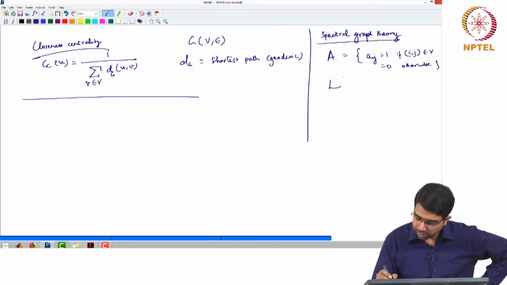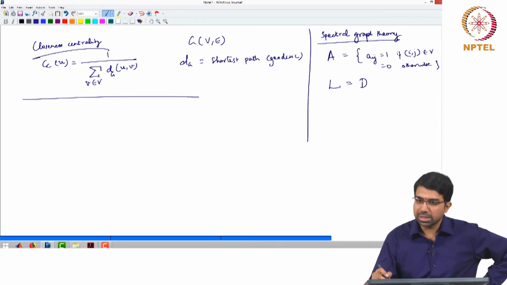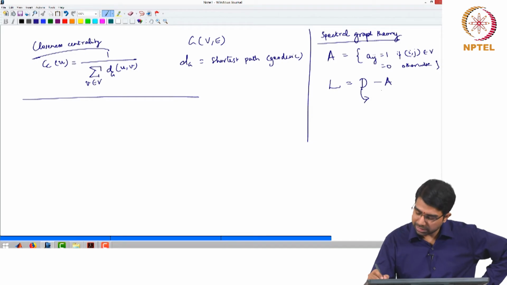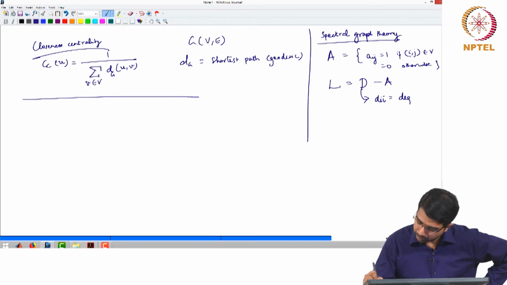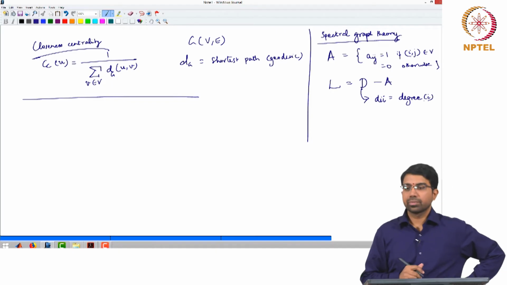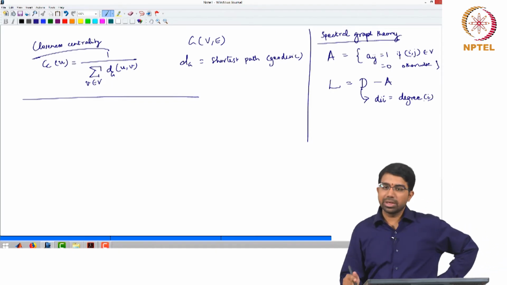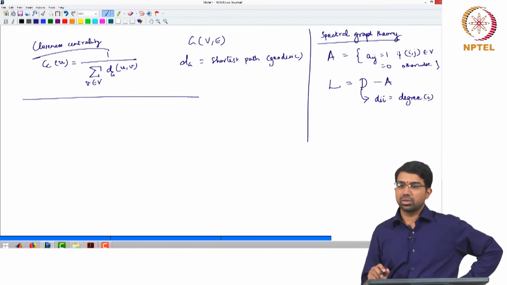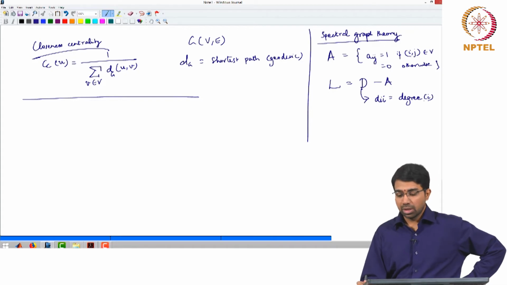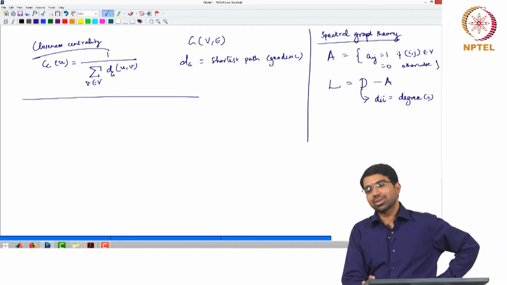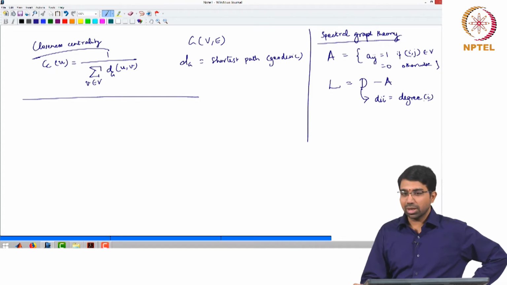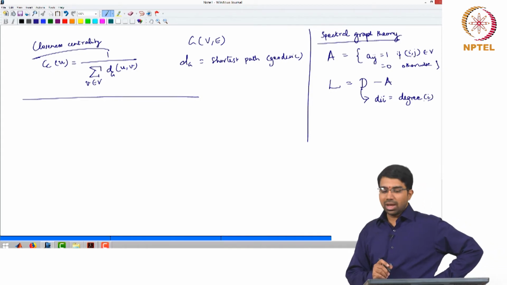There is also a Laplacian matrix, which is D minus A, where D is a diagonal matrix where d_ii is the degree of the ith node, and 0 otherwise. There are many interesting properties of this matrix. The eigenvalues of this matrix will give you clustering in the graph, a bunch of interesting properties like that. I will let you study a little more on that, but let us come back to the adjacency matrix.